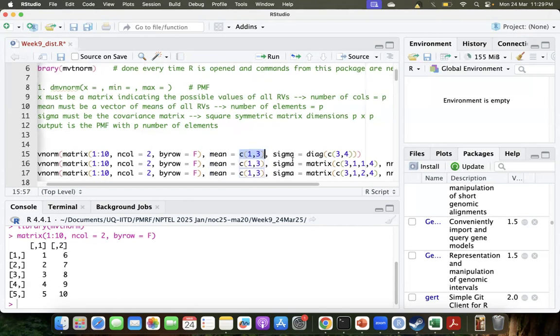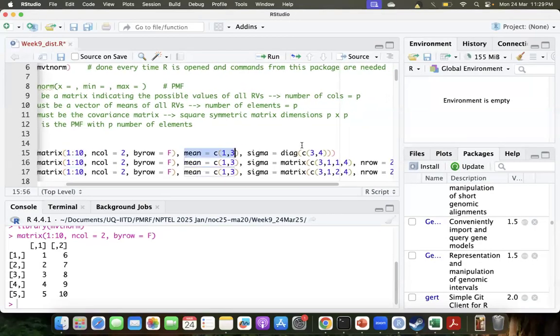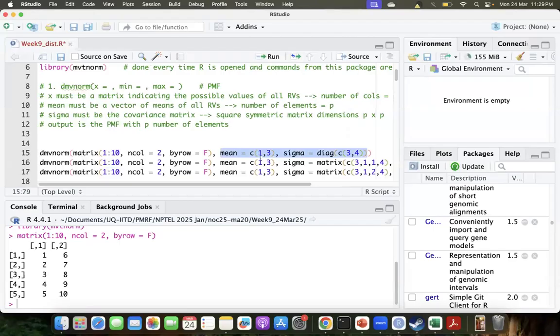Again, it could be anything. These are just values that the variables can accept, and you just want to see the distribution over these values. But the main nature of the graph is coming from these two parameters, the mean and the sigma. So the mean is 1 and 3: x has mean 1, y has mean 3.